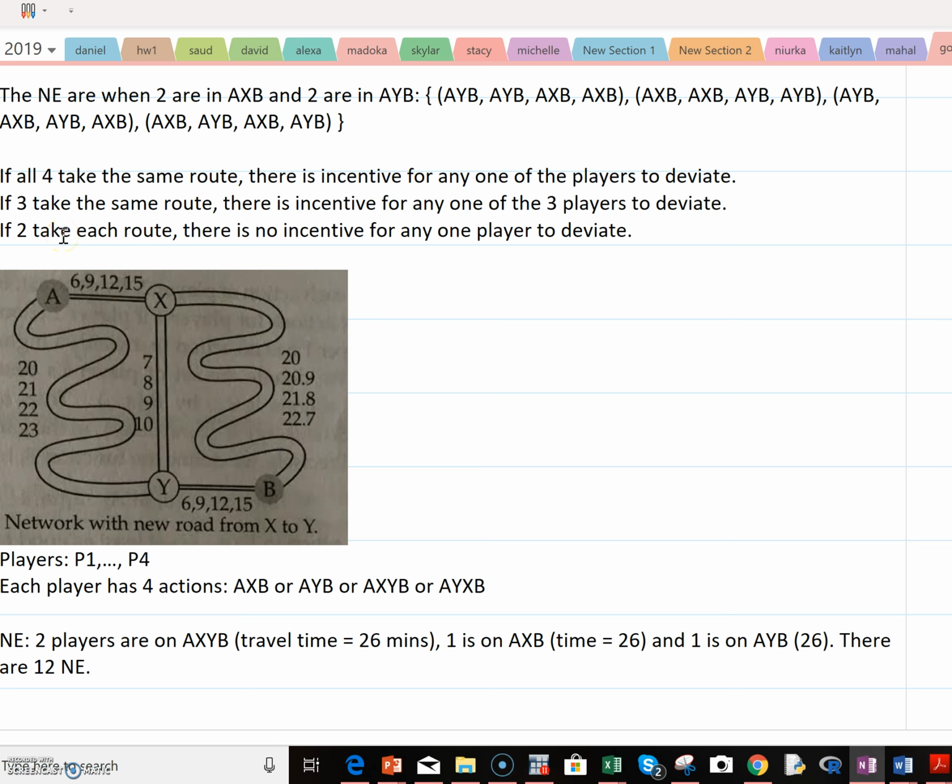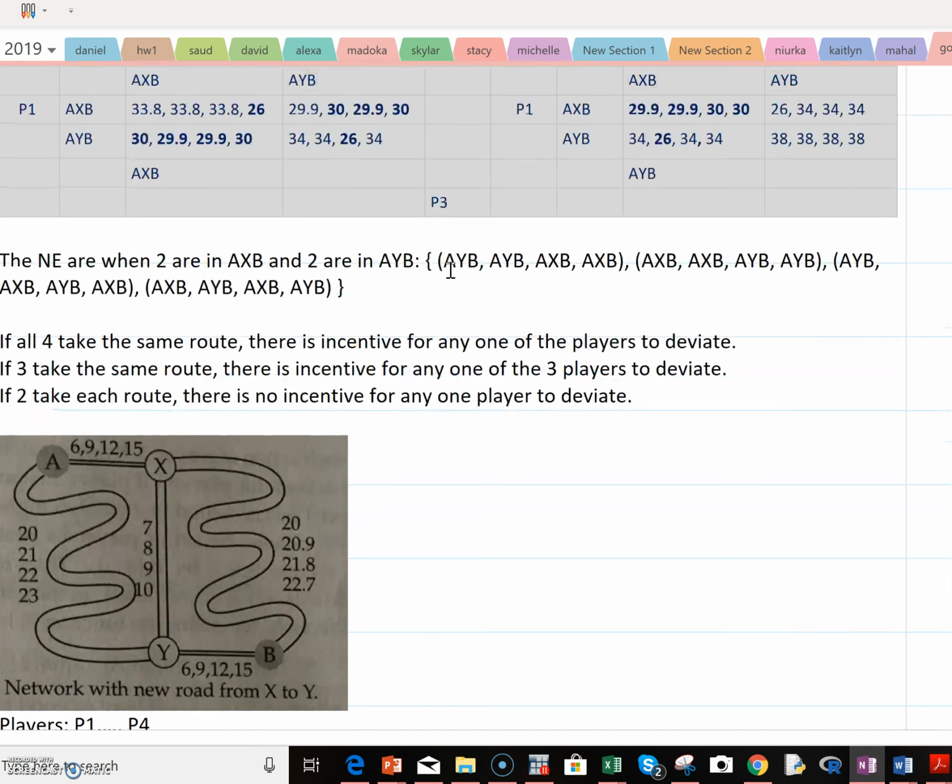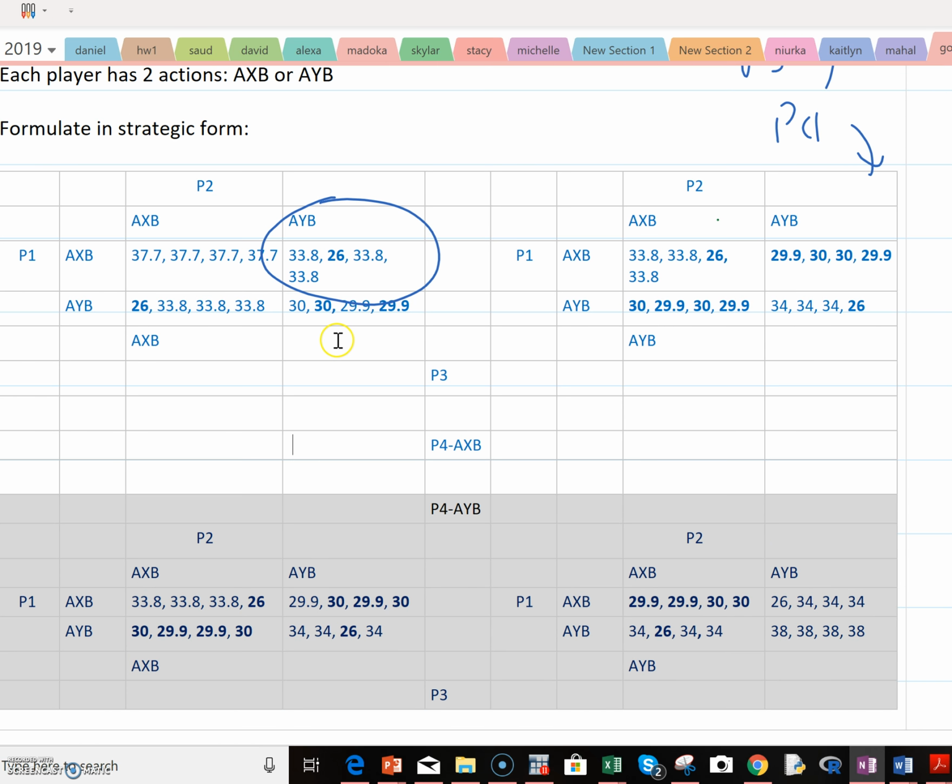If two take each route, there's no incentive to deviate. Just like this one here, the Nash equilibrium. Like this one here, two people are taking AXB and two people are taking AYB.